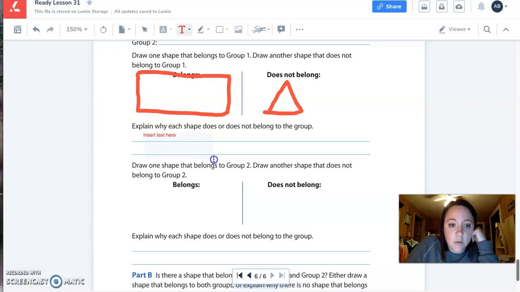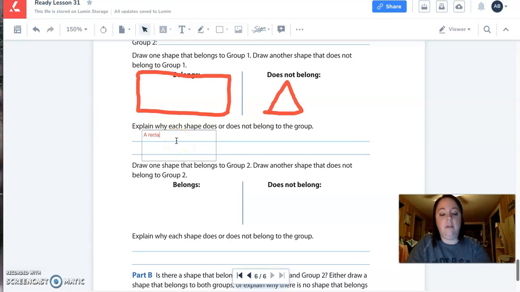Well, we know that a rectangle has all 4 angles that are square corners.